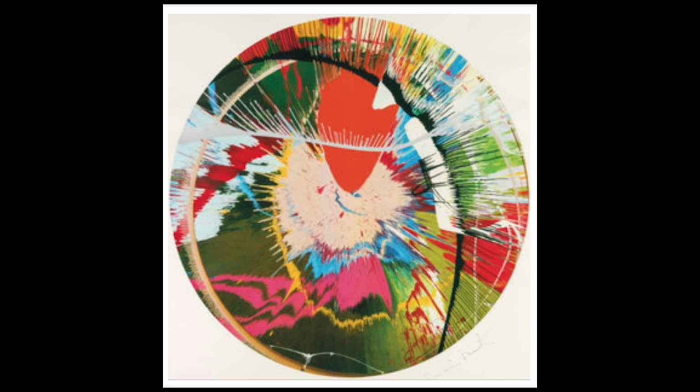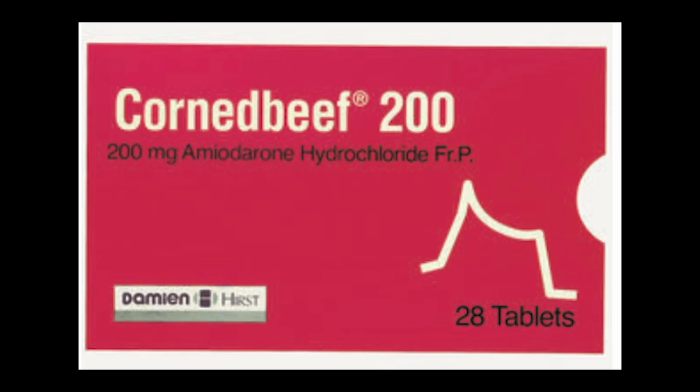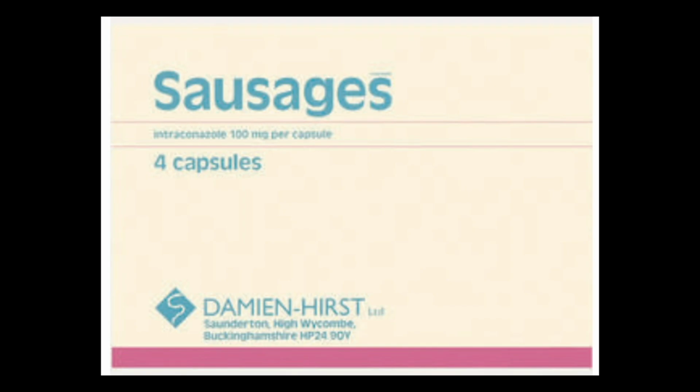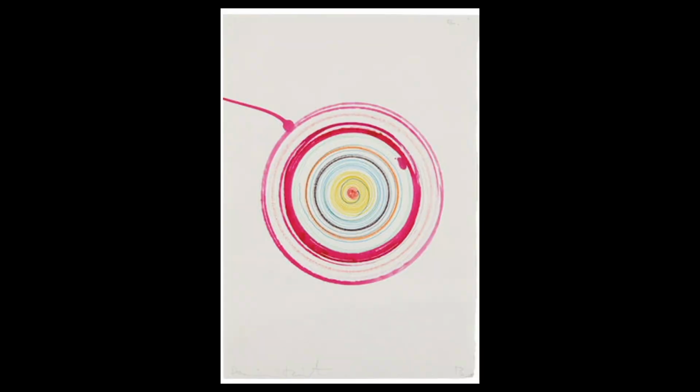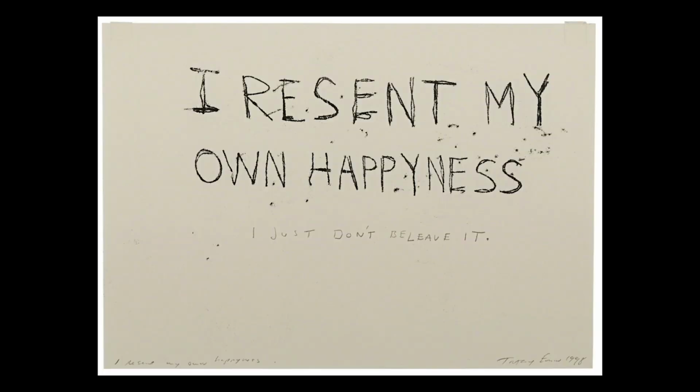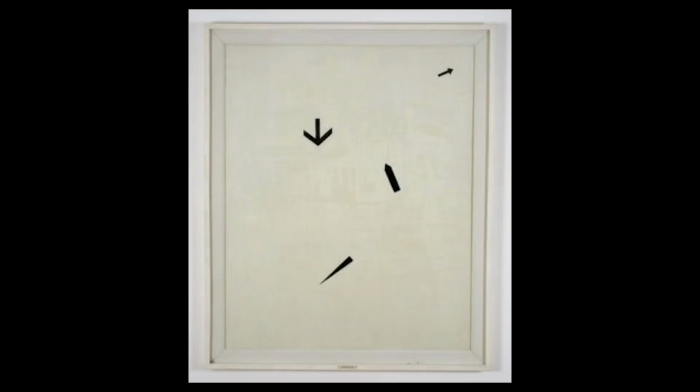You can see some paintings from Damien Hirst here, and then some drawings and paintings from Tracey Emin also. As you can see, the dots from Damien Hirst and the work from Tracey Emin.